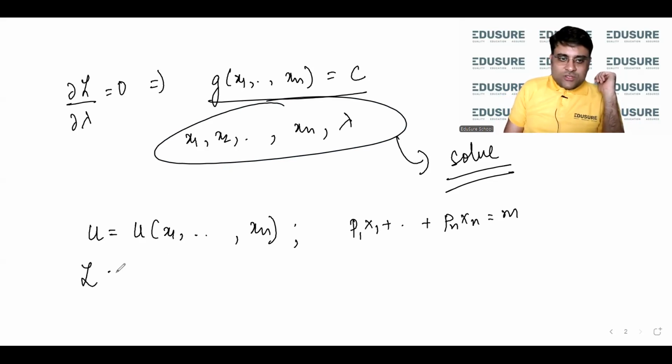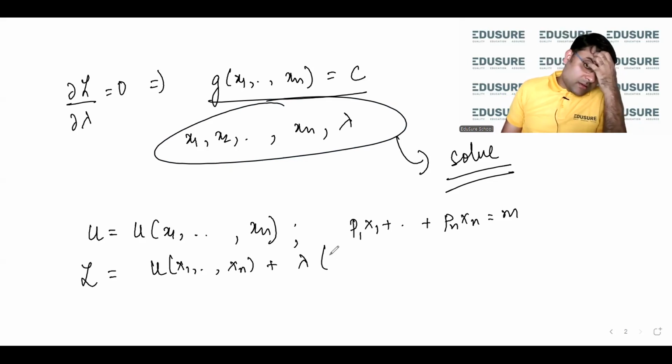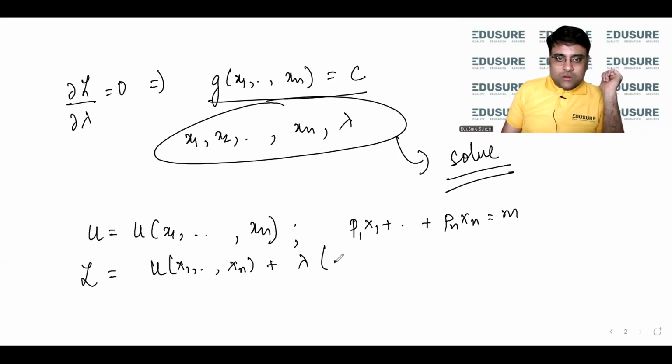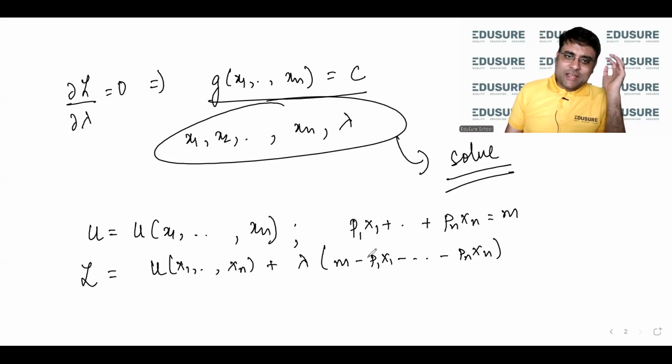So the Lagrange that is hence formed will be utility plus the Lagrange multiplier times m minus p1 x1 up to pn xn. This is what is the constraint. You can put a plus sign and write it in this manner, or you put a negative sign and do it in the other way. Okay, it's up to you.